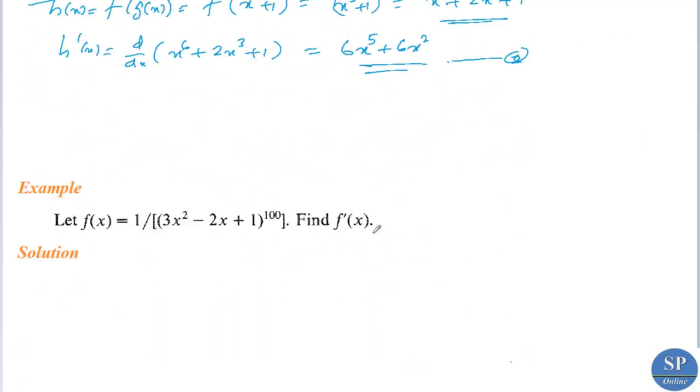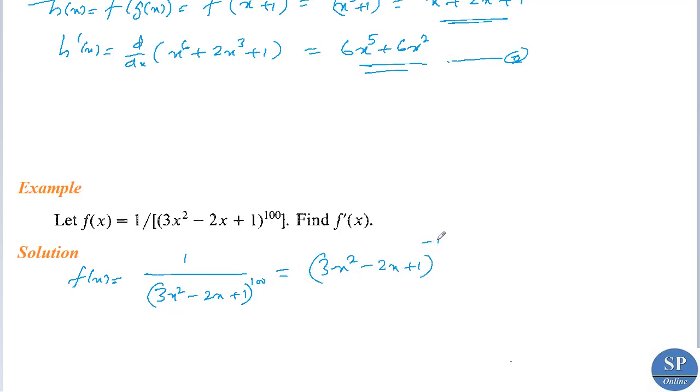Next example: let f of x be equal to 1 by 3x square minus 2x plus 1 power 100. Find f dash of x. We are given that f of x is equal to 1 by 3x square minus 2x plus 1 power 100. So we can write this as 3x square minus 2x plus 1 power negative 100.